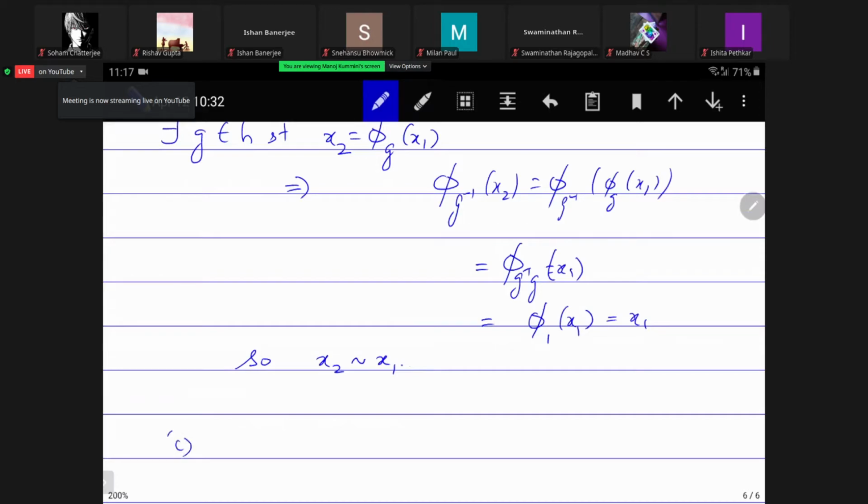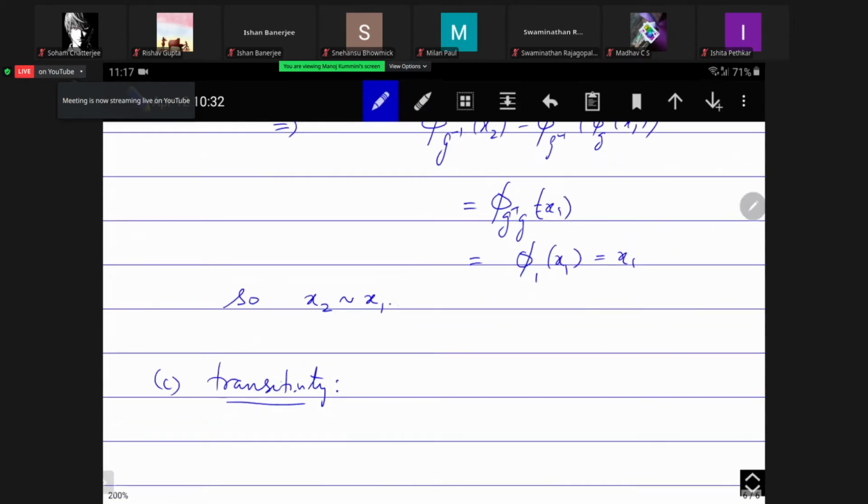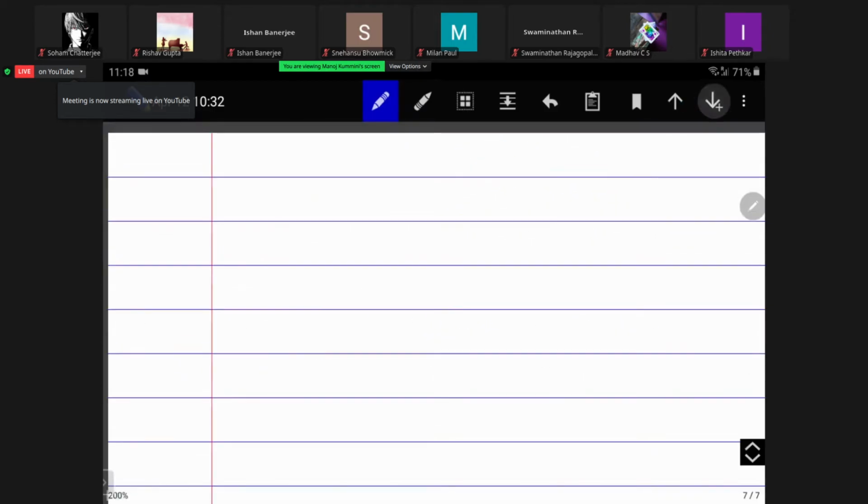And C, transitivity. Let x1 be related to x2 and x2 be related to x3. So there exists g1 such that phi g1 of x1 equals x2, and there exists g2 such that phi g2 of x2 equals x3.